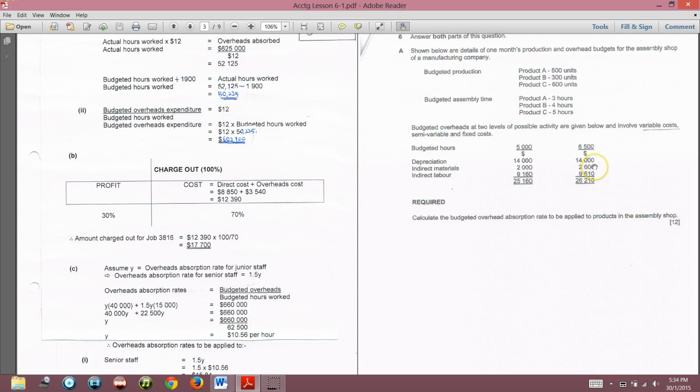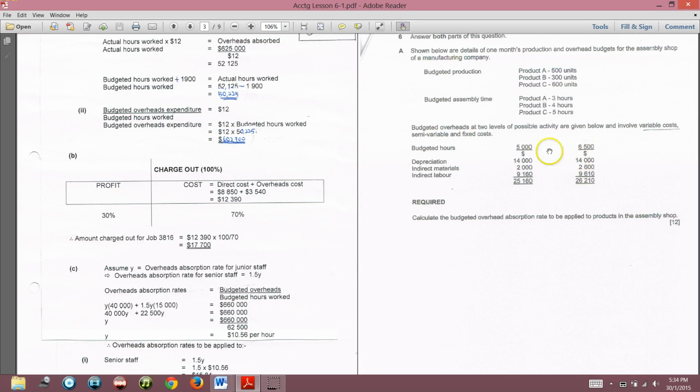That means indirect material, I can conclude, is 40 cents per budgeted hour, per production hour. So indirect material is a totally variable overhead, at a rate of 40 cents per hour. Depreciation is fixed.